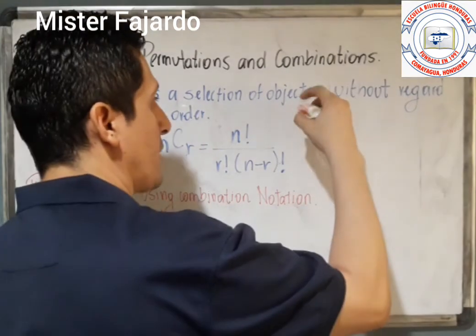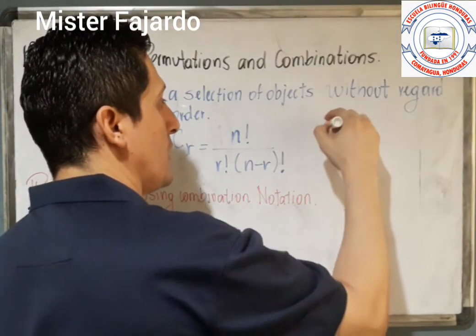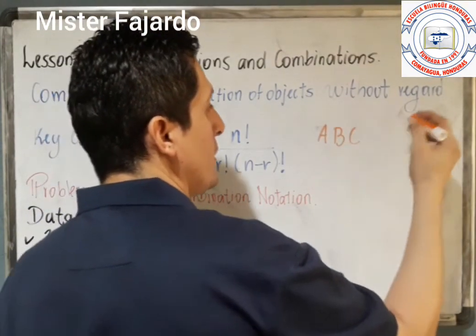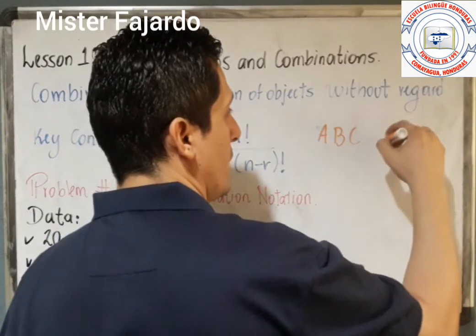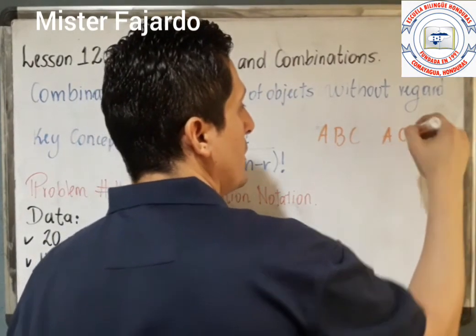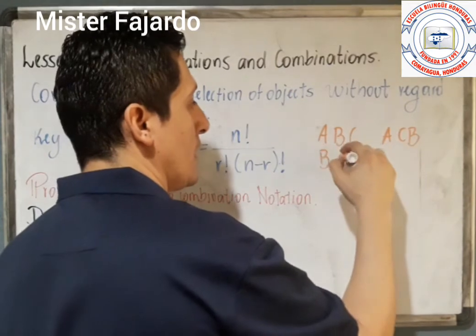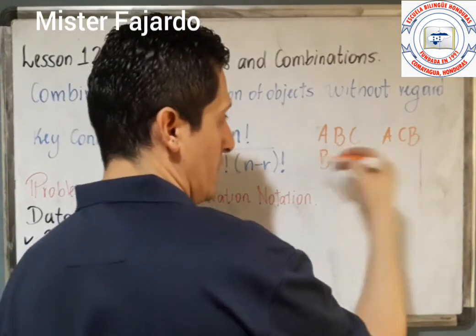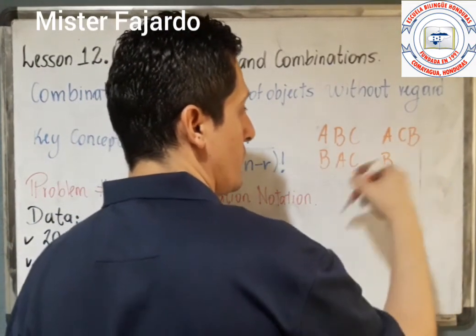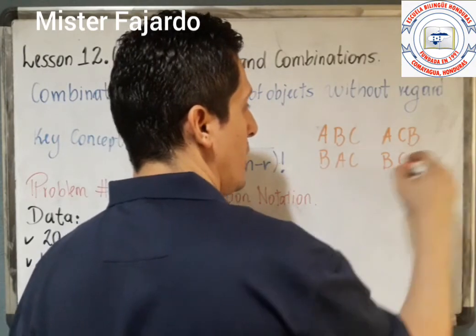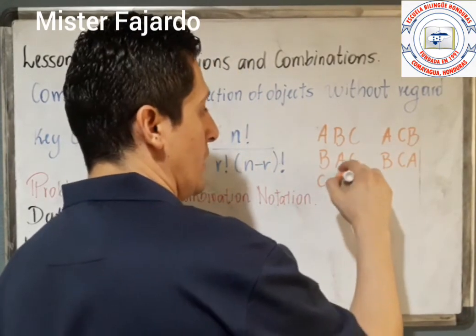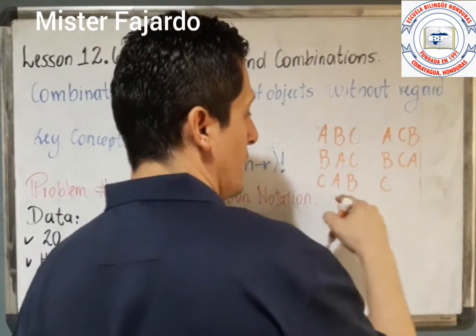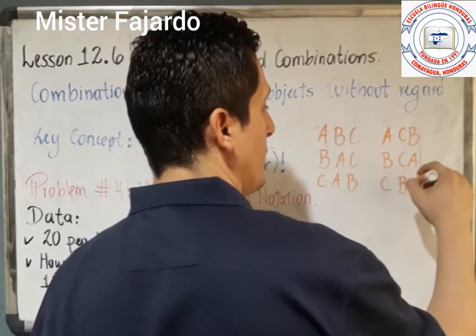I'm going to do again the combinations of the 3 letters A, B, and C. You can also combine A, C, B. Then I'm going to start with B, A, C, and switch the position of these two, it's going to be B, C, A, okay? Then I'm going to start with C, A, B, and then switch the position of these two, it's going to be C, B, A, okay?